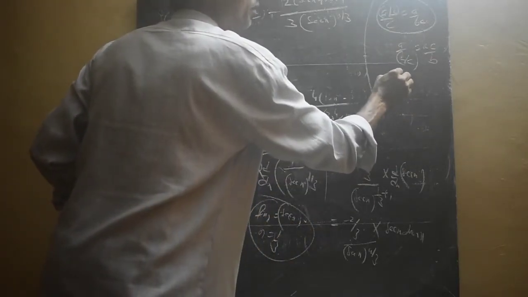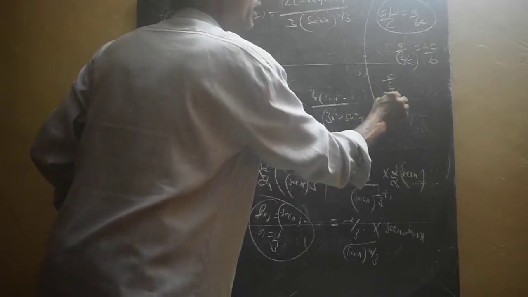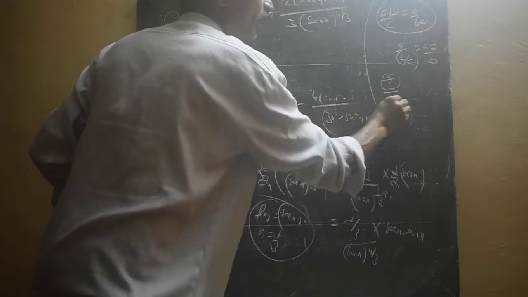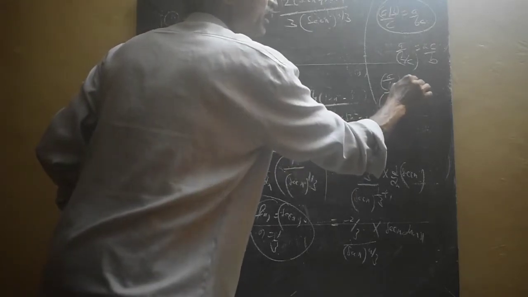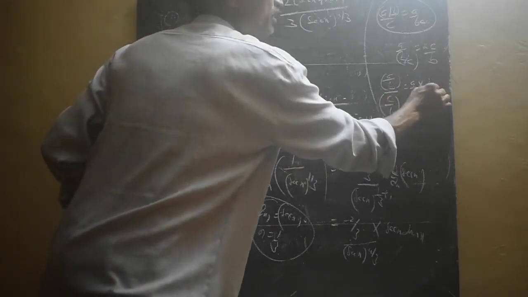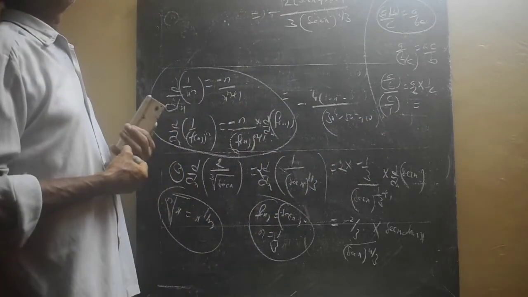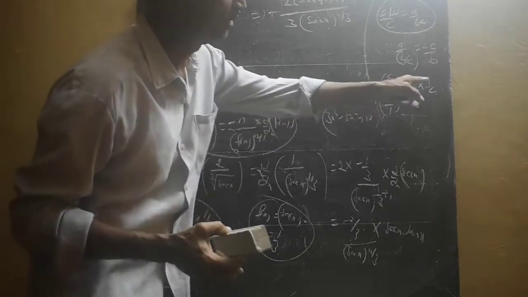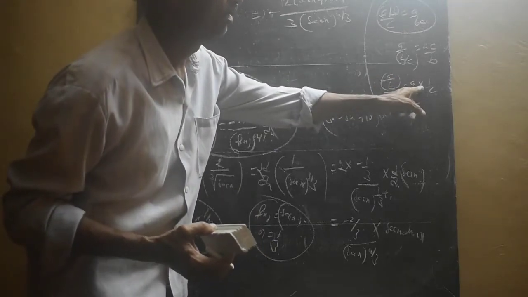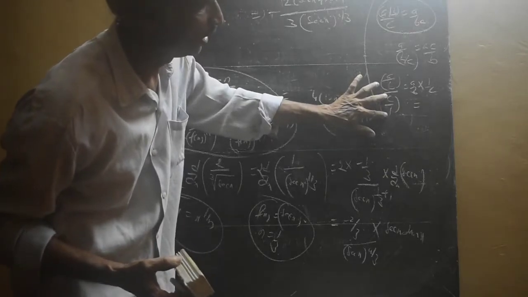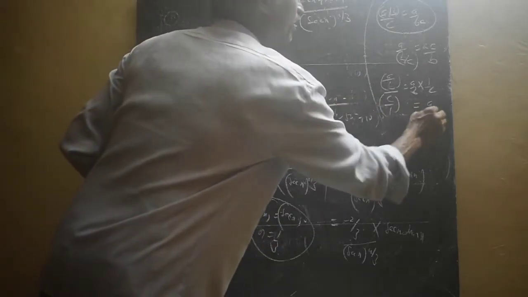With a upon b as the numerator and denominator c, c means c by 1. Now multiplication with a by b into 1 by c. A by b upon c by d is a by b into d by c. Division can be converted to multiplication by taking the reciprocal. C by 1 is 1 by c. That's equal to a by bc.